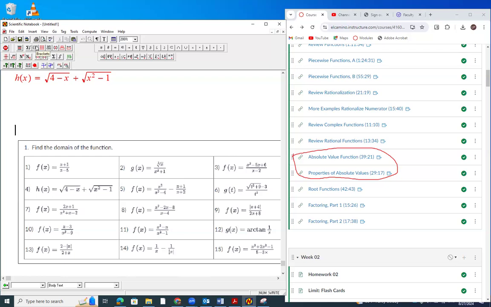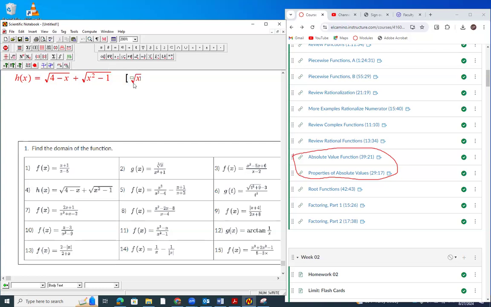For this rule to be meaningful, we have to recall that this basic function, the square root of x, has domain x greater than or equal to 0.